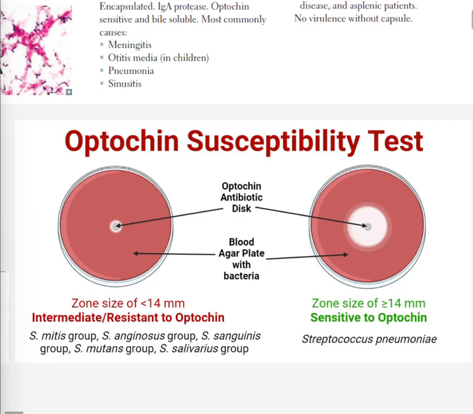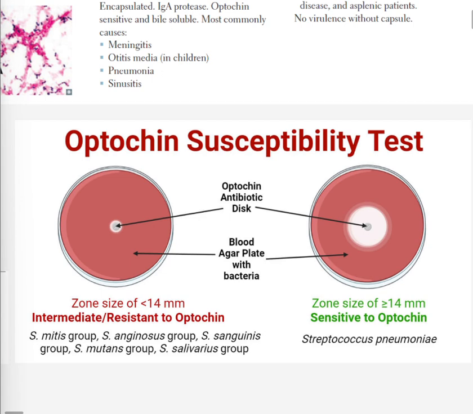Now, optochin is a chemical test that inhibits the growth of S. pneumoniae. So think that pneumococcus is sensitive, but viridans is resistant, right? So S. pneumoniae is inhibited by the optochin, right?